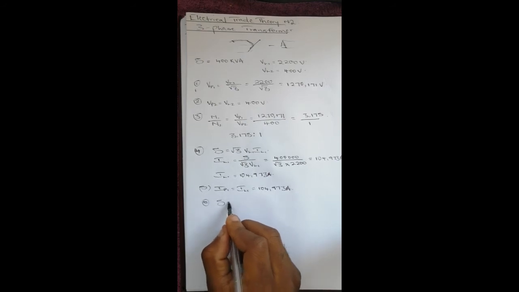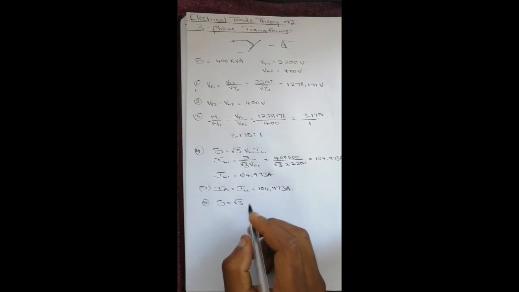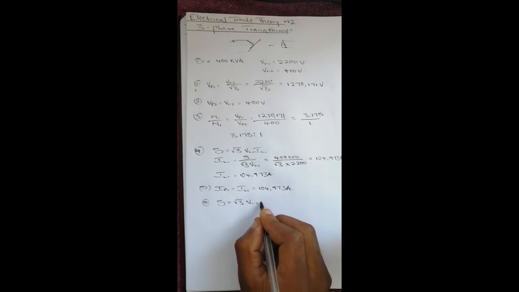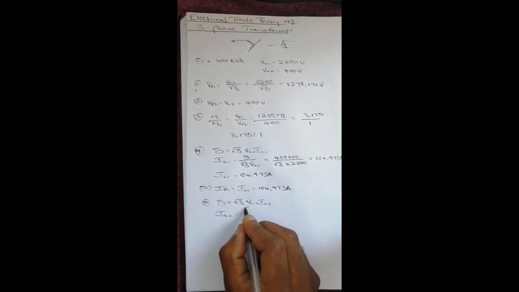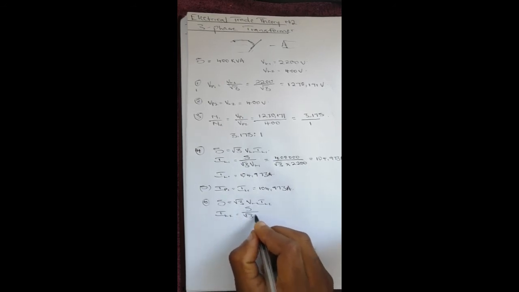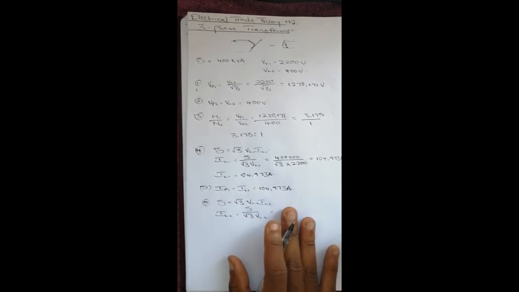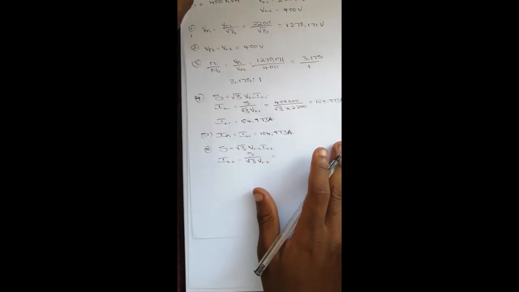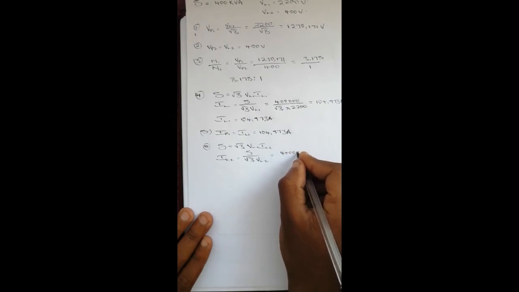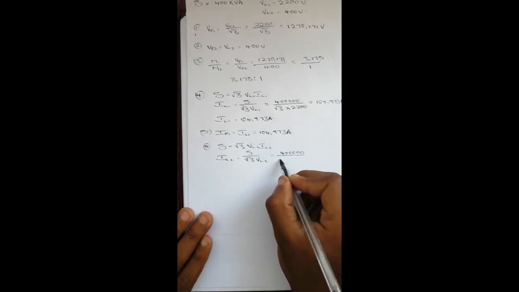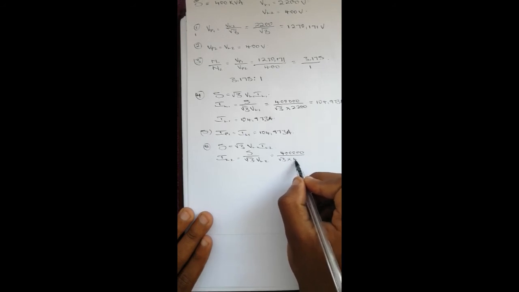Then number 6 says calculate the secondary line current. We'll do the same thing using the apparent power formula with V line 2 and I line 2. I line 2 equals S over square root of 3 V line 2. Substitute what we are given: 400,000 over square root of 3 times 400.